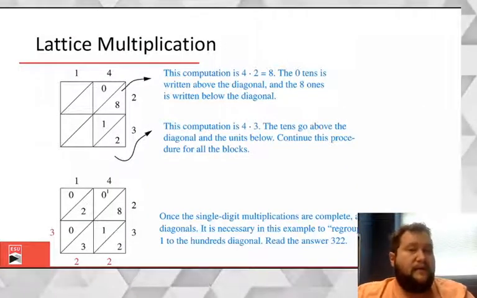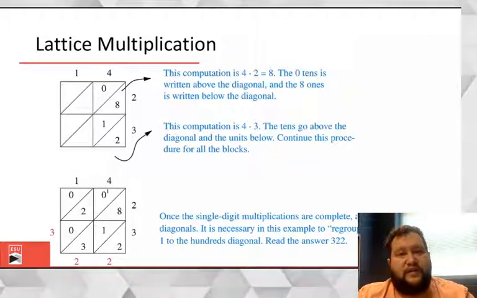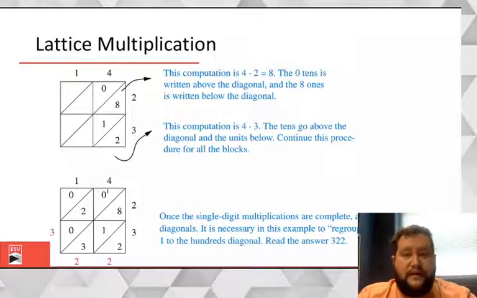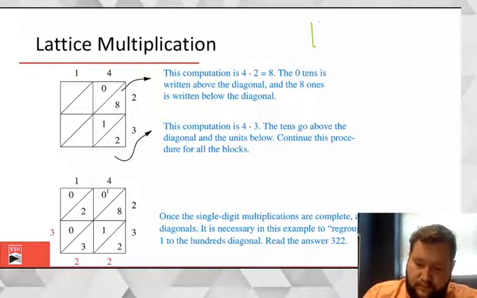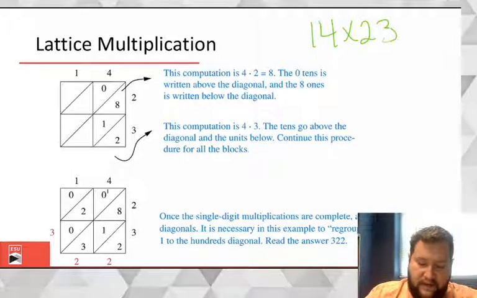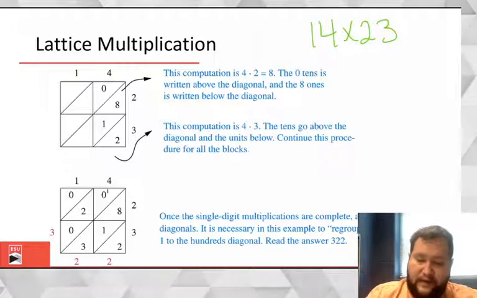Now another process that became more popular in the mid-2000s was lattice multiplication. And so here we have 14 times 23. And you can see all of the work is over here, but let me go ahead and work it out. So 14 times 23.